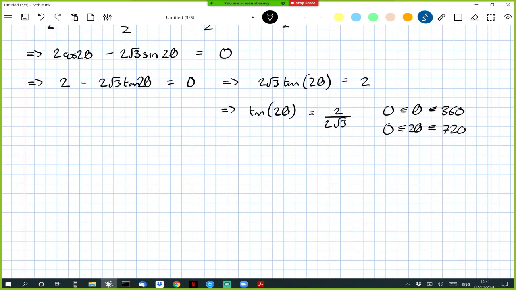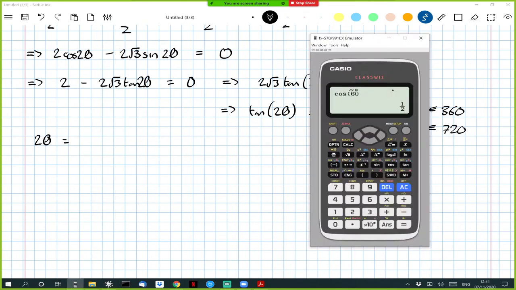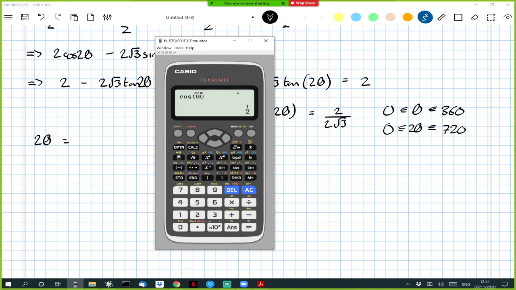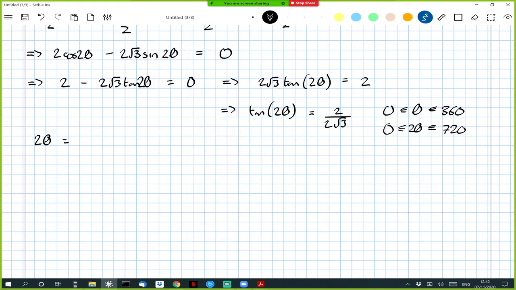So finding our first solution, 2 theta equals the arctan of 2 over 2 root 3, which is 30 degrees.